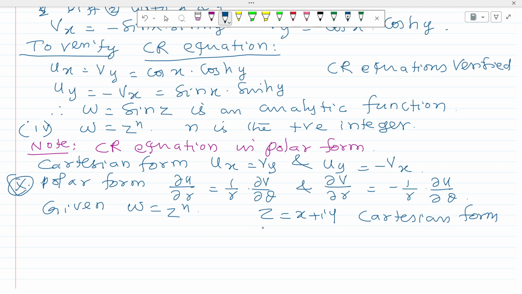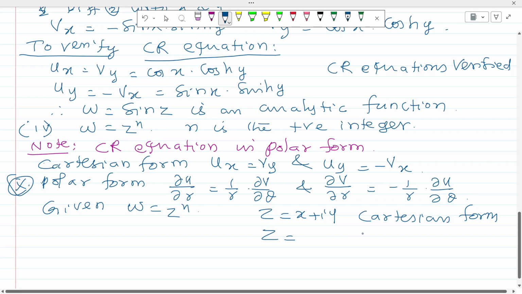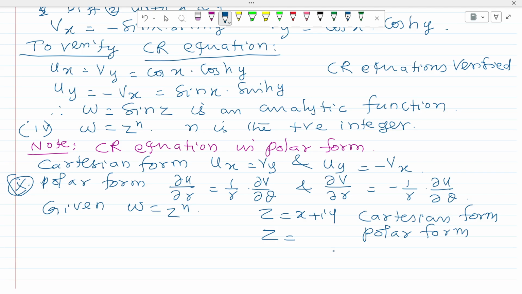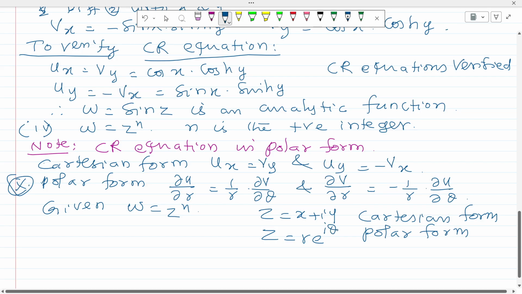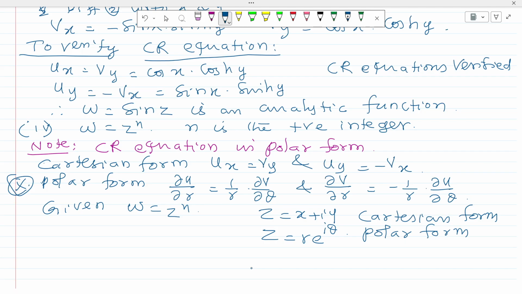Whereas I have already given the polar form: Z equal to r e power i theta, where x equal to r cos theta, y equal to r sin theta.